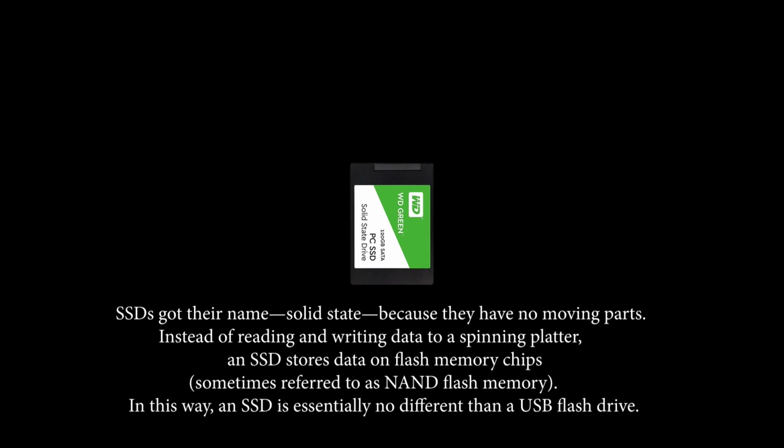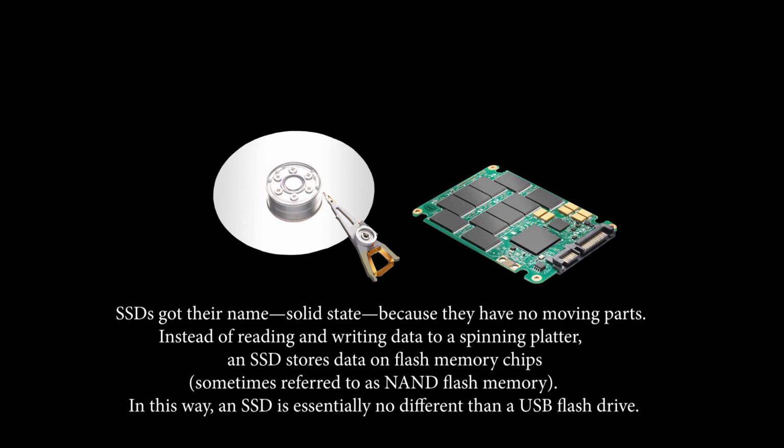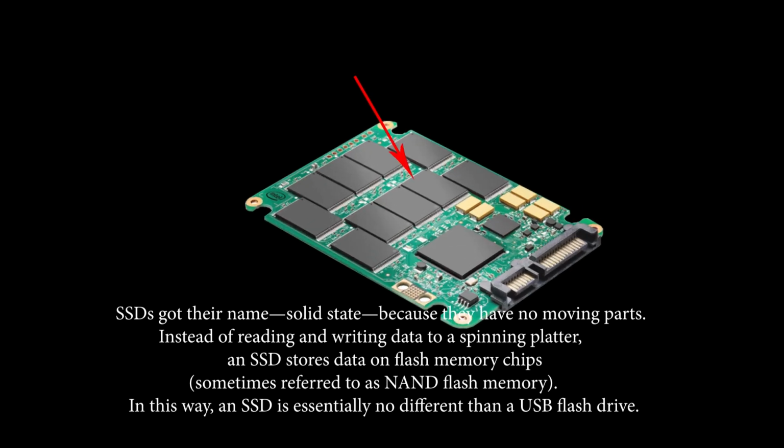SSDs got their name, solid state, because they have no moving parts. Instead of reading and writing data to a spinning platter, an SSD stores data on flash memory chips, sometimes referred to as NAND flash memory. In this way, an SSD is essentially no different than a USB flash drive.